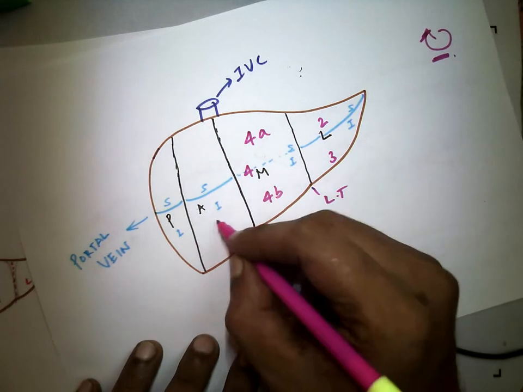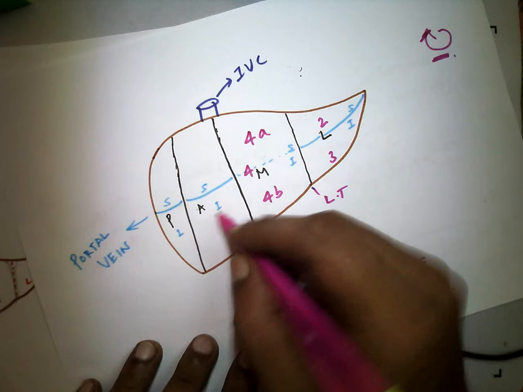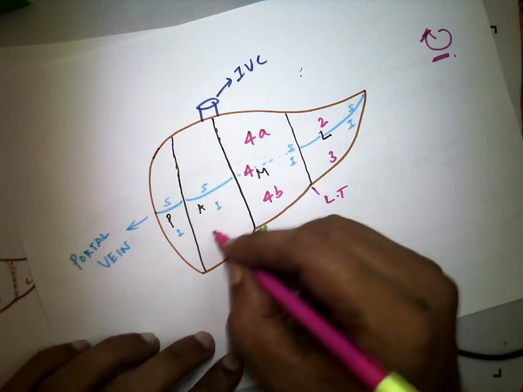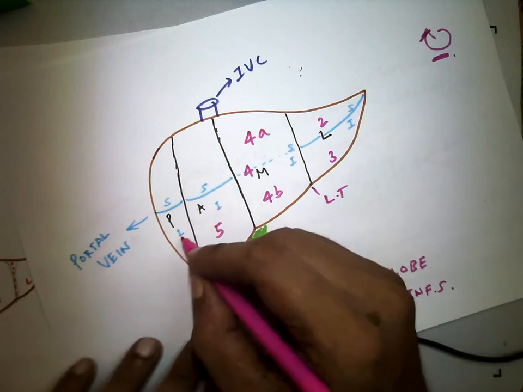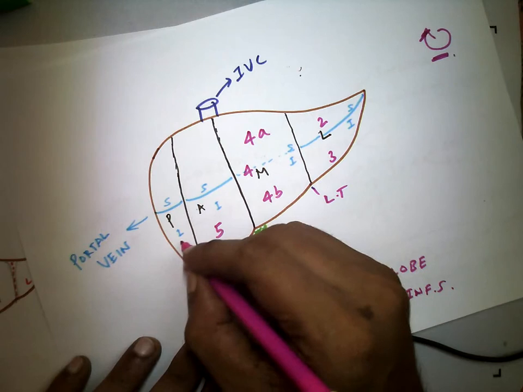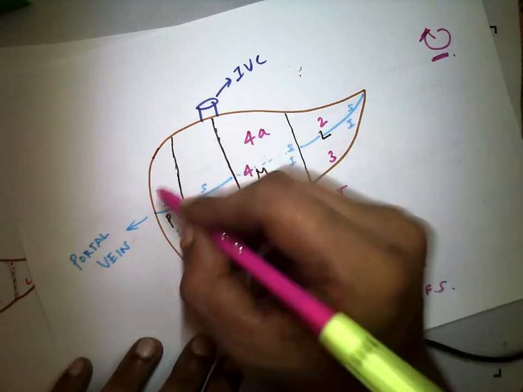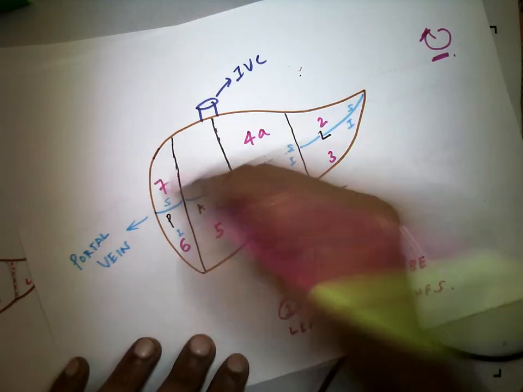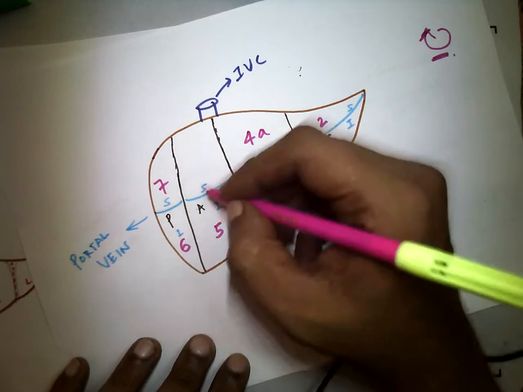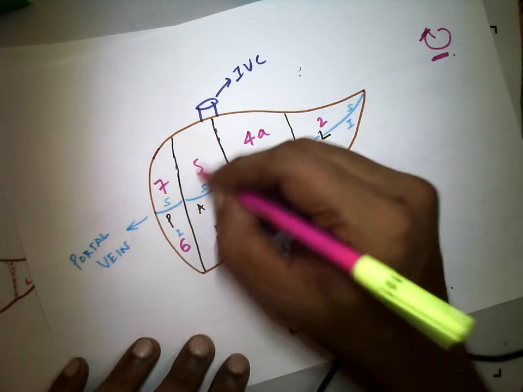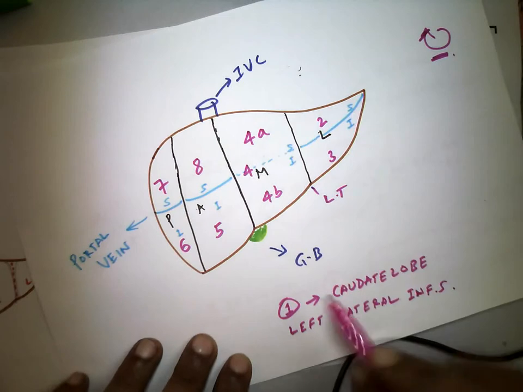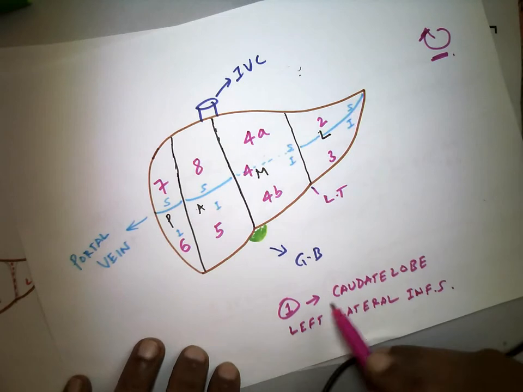Then we have right anterior inferior named as 5, right posterior inferior labeled as 6, right posterior superior labeled as 7, and right anterior superior labeled as 8. This is how the 8 segments are being formed.